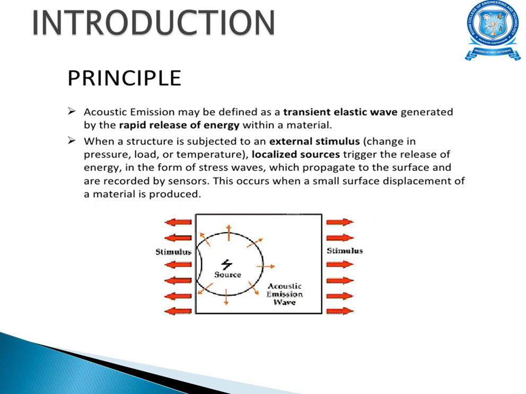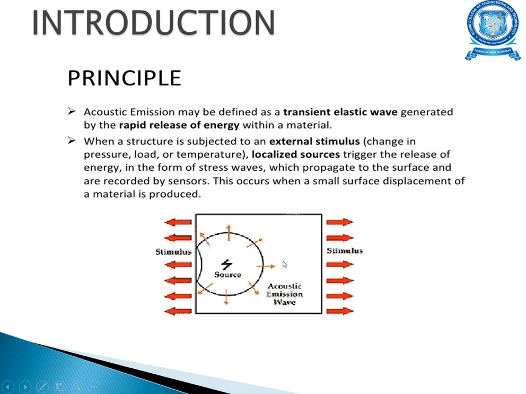Acoustic emission may be defined as a transient elastic wave which is generated by the rapid release of energy within the material. Here you have a structure. When it is subject to an external stimulus, that is a change in pressure, load, or temperature, localized sources trigger and release some kind of energy in the form of stress waves.